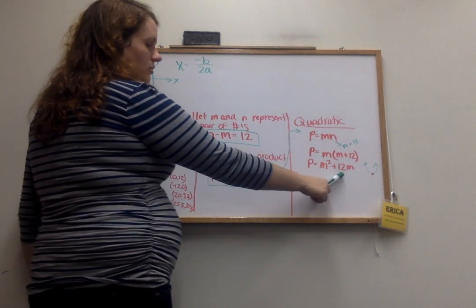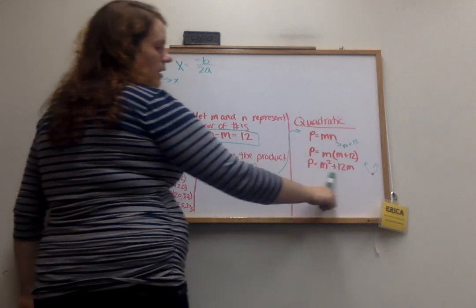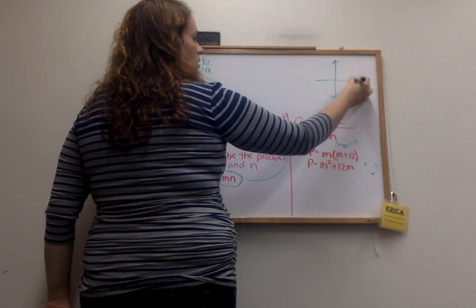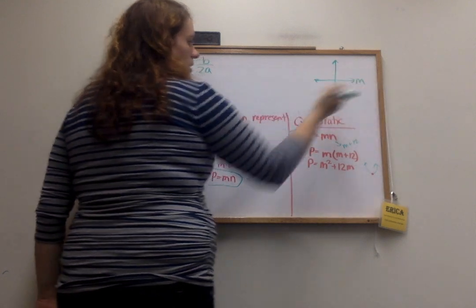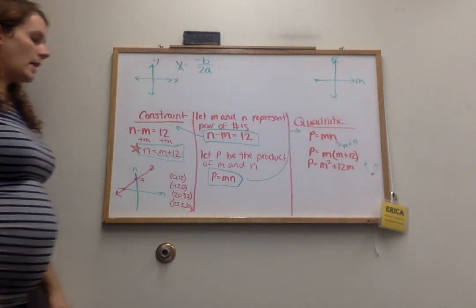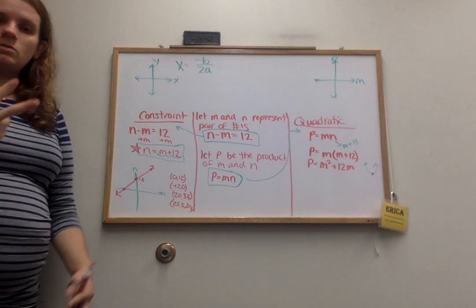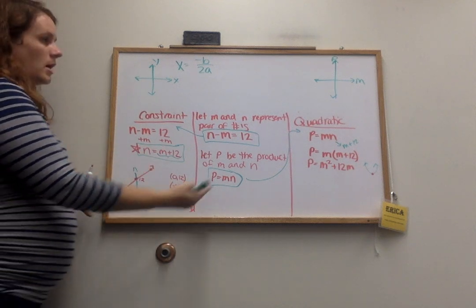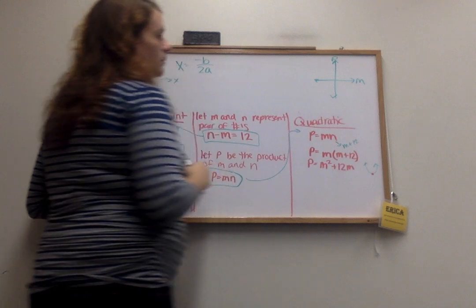Well, on this quadratic, m is our independent variable. So that is our horizontal axis, and p is the dependent variable. Okay, and this again is why we have two different functions. We can see the function with n and m, and then we have a function with p and m.